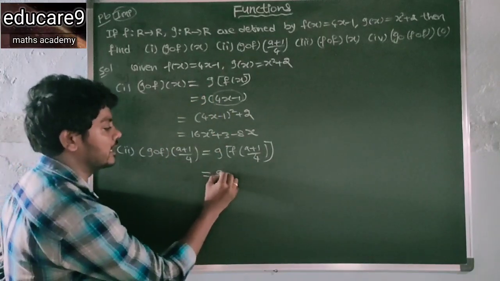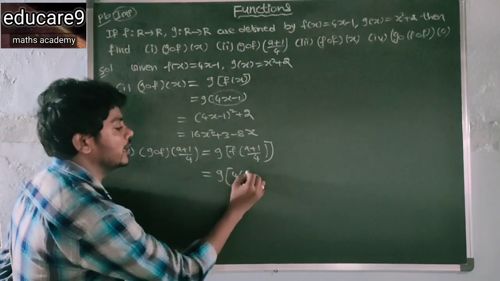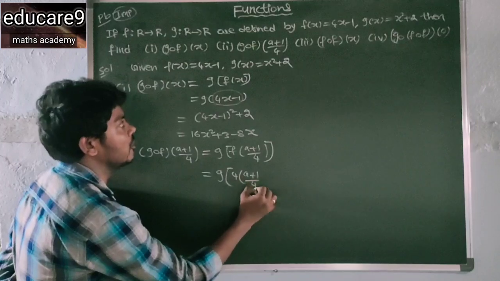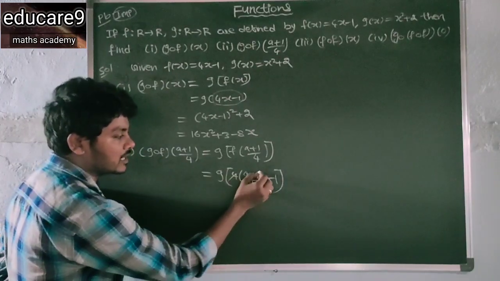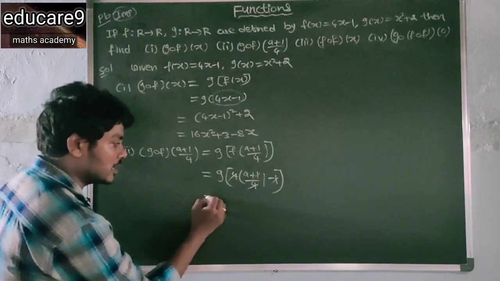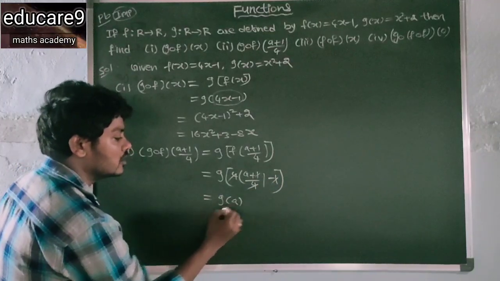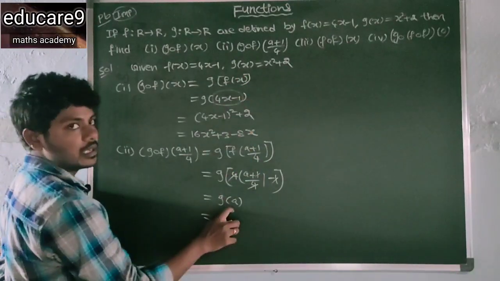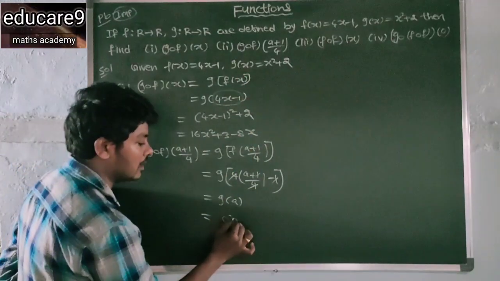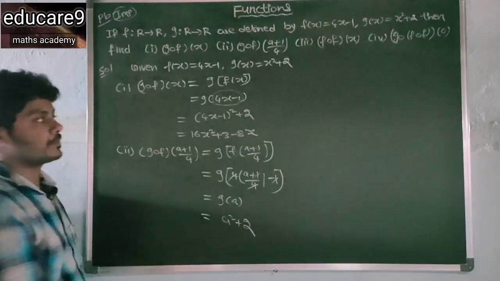So what you get? 4 into (a plus 1 by 4) minus 1. So 4 gets cancelled, 1 gets cancelled. So you get g of a. So what is g of a? Replace x by a, that is a square plus 2.